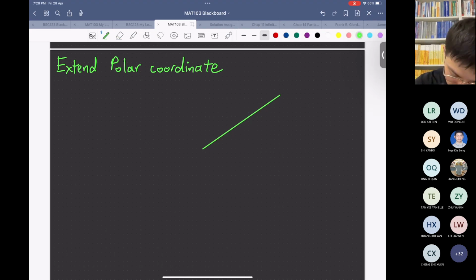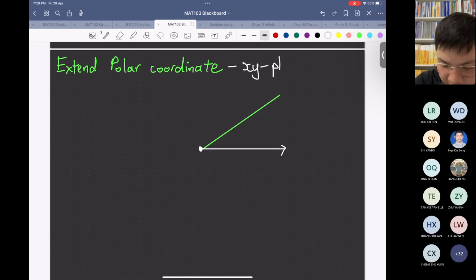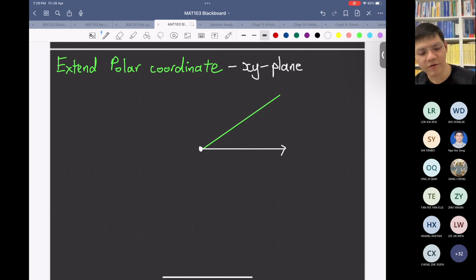So let's keep our polar axis up. I want to remind you that this polar coordinate is still working on the xy plane. Don't confuse the xy coordinate and the polar coordinate.